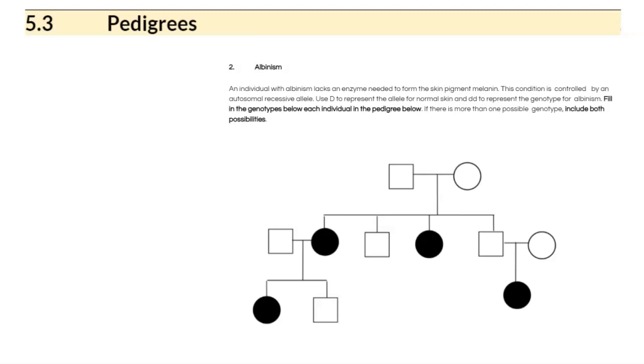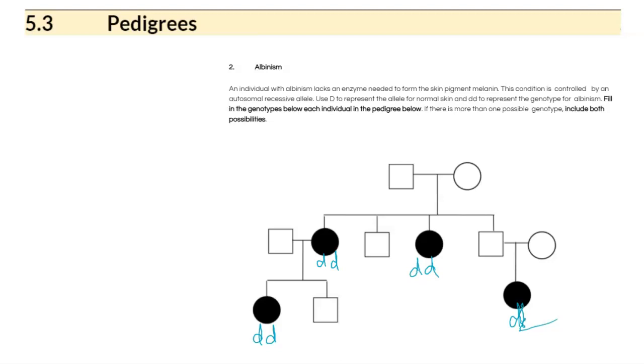I'm hoping that those that are afflicted are pretty easy, and this is autosomal, it's not sex linked, so we're going to put little d, little d for each of them. Now we can go backwards to figure out the genotypes of parents in a similar way to what we did in the last case.